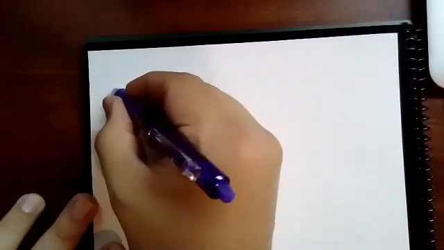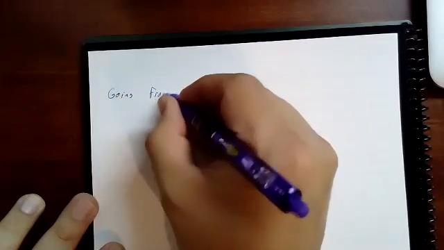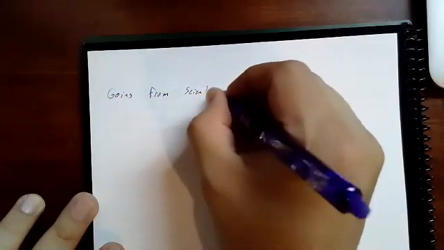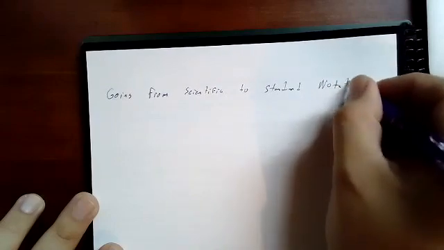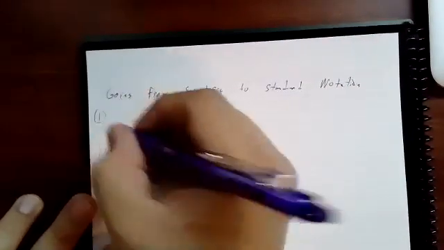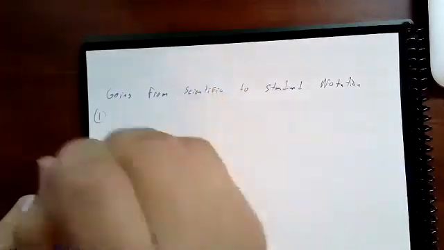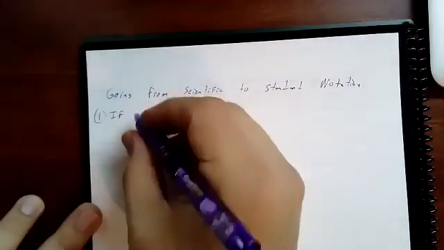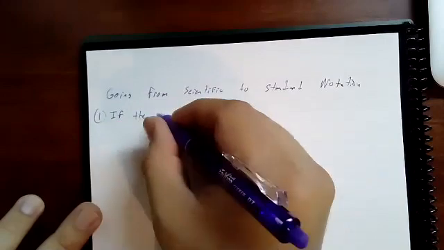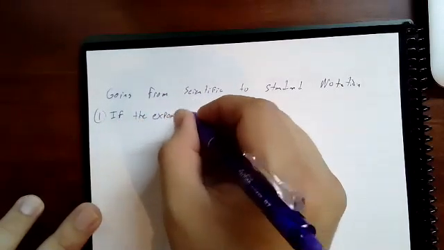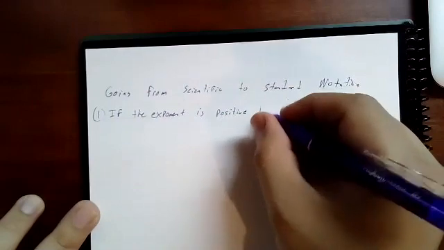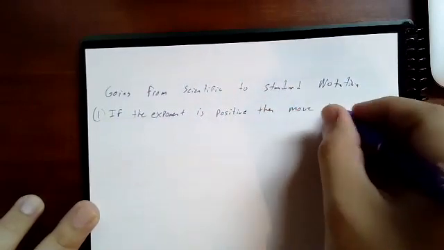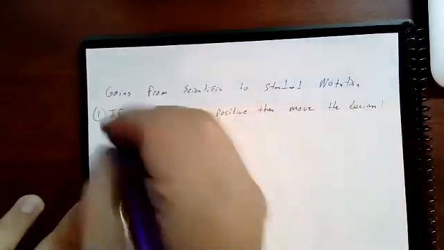So let's go the other direction then. Going from scientific to standard notation. If the exponent is positive, then move the decimal point to the right.